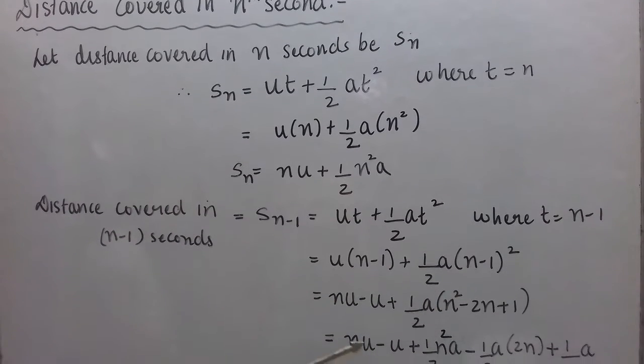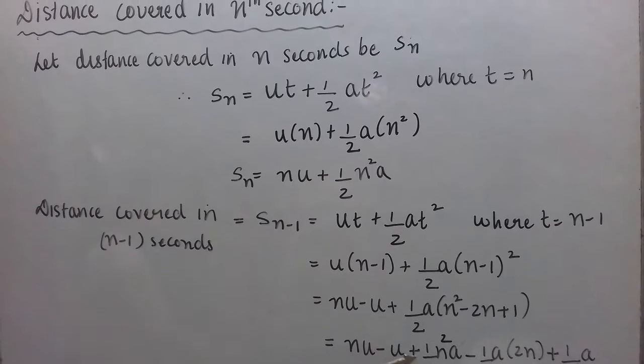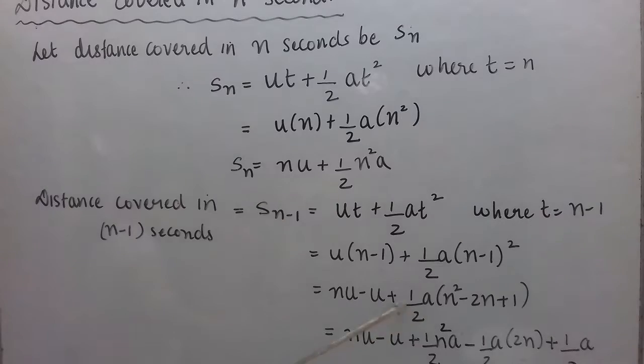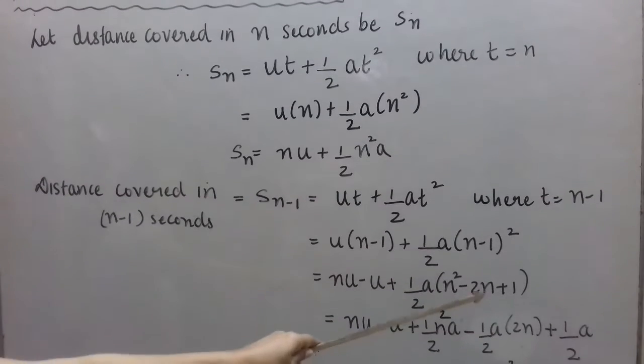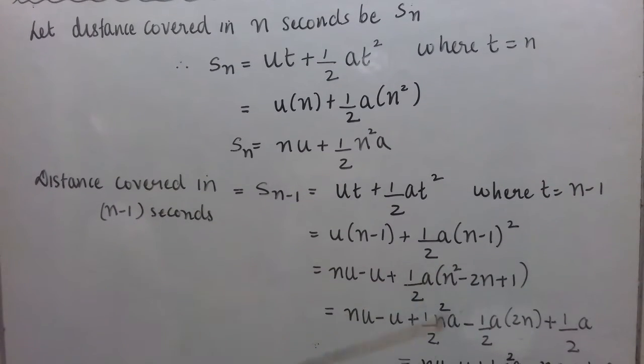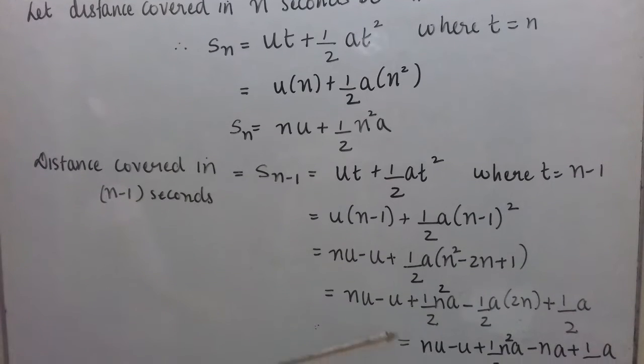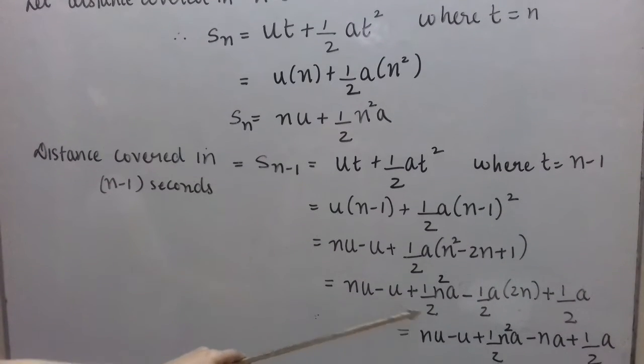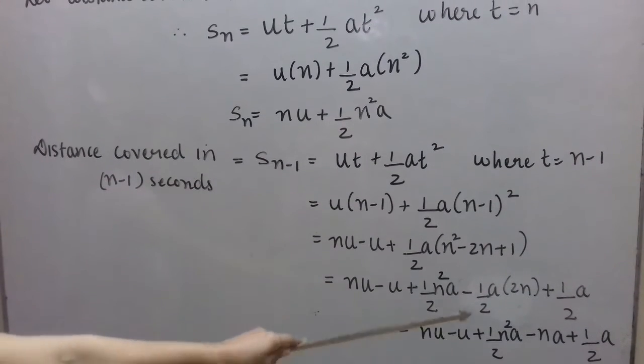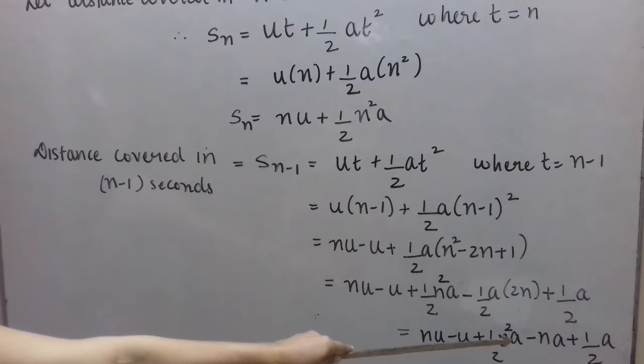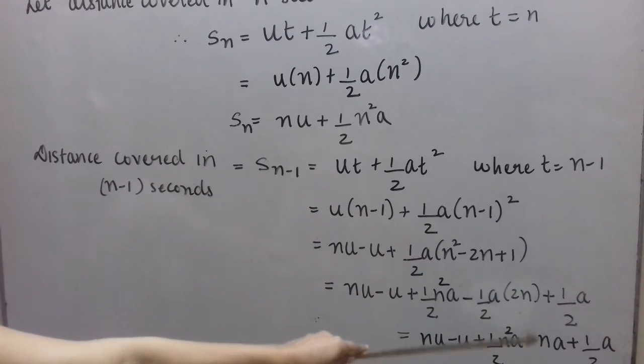So it becomes nu minus u plus half n square a minus half a into 2n plus half a. That is equal to, in the next step, nu minus u plus half n square a, 2 gets cancelled, minus na and plus half a.